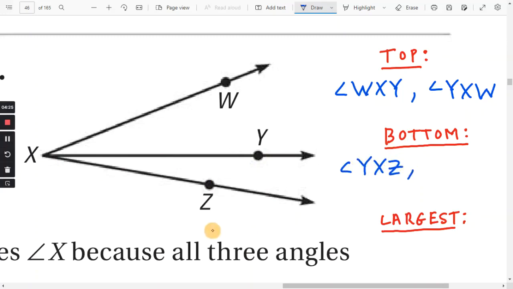And of course, reverse it, ZXY. And finally for the largest angle, which is the whole thing, we can say WXZ. Or we can say ZXW.